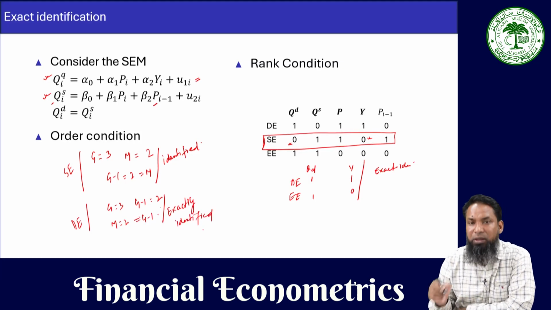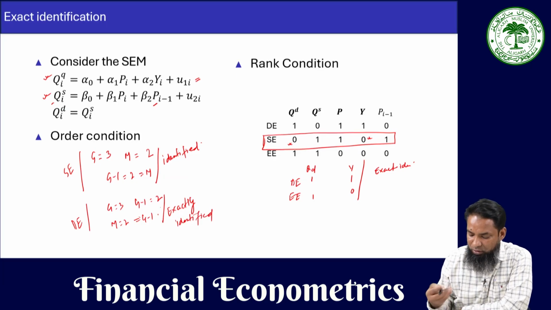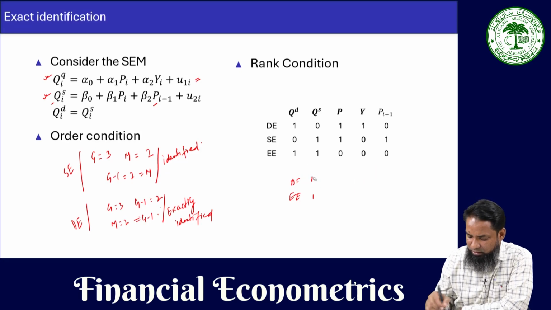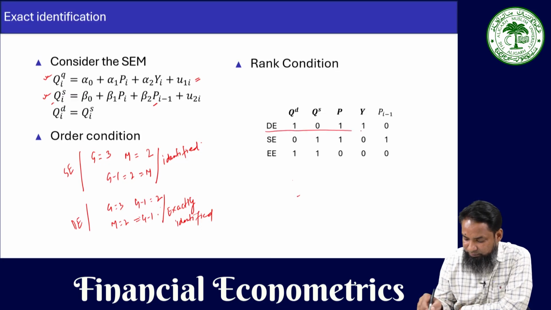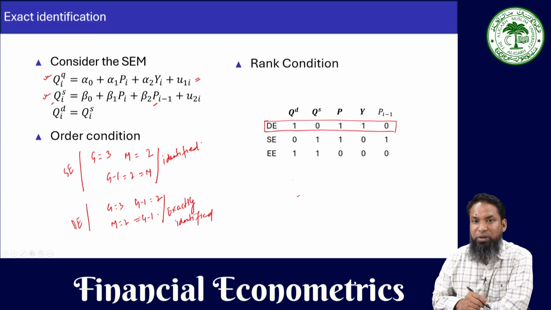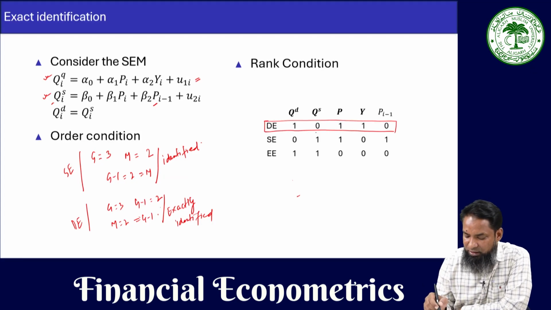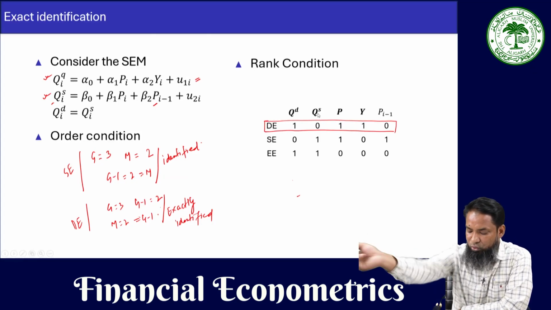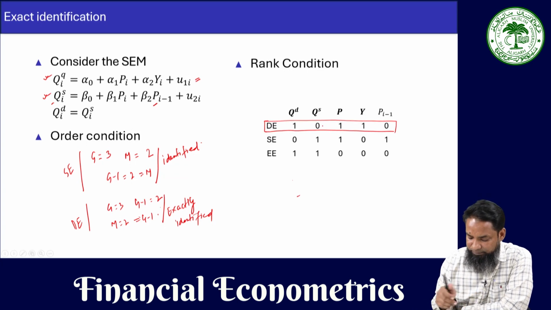Now let us look at the rank condition here. We are looking at the demand equation. First, we delete that particular row, the demand equation. If you are deleting the demand equation, we have to consider only those columns where we have zeros. So the demand equation is deleted, and we have the supply equation.